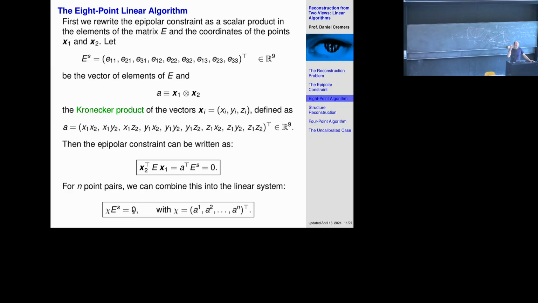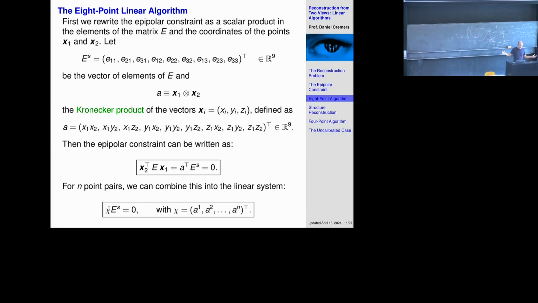And this is very elegant and very simple. What it means is we take our 2D coordinates of n points, we build the matrix chi, and then this constraint says all the epipolar constraints for all n points say nothing but that this vector E stack lives in the null space of the matrix chi.